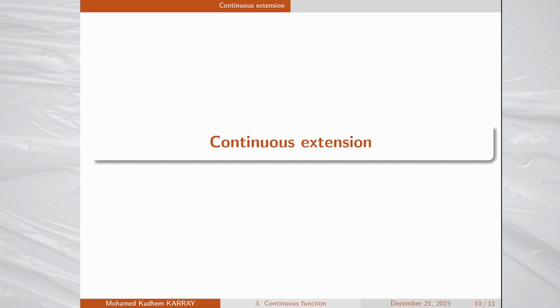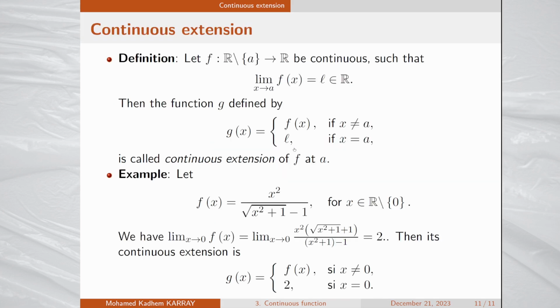The last part of this lesson concerns continuous extension. So let f be a function which is continuous on R minus a singleton {a}, such that the limit of the function at point a exists and it is a real number denoted L. In this case, we define a new function g by letting g equal to f if x is different from a, and we define g to be equal to the limit L if x equals a.